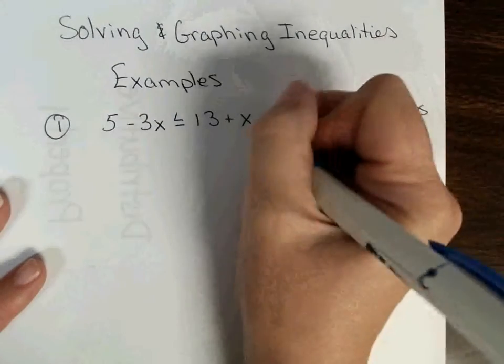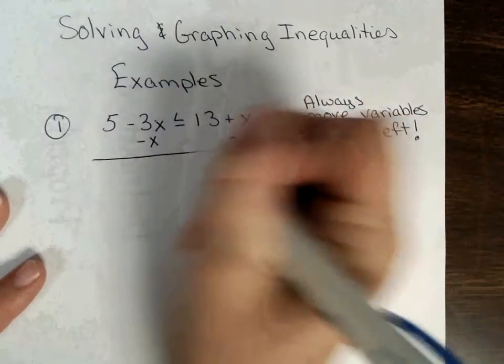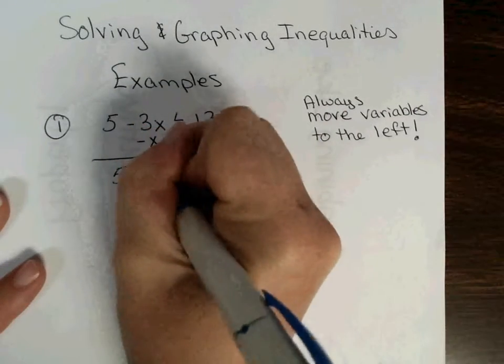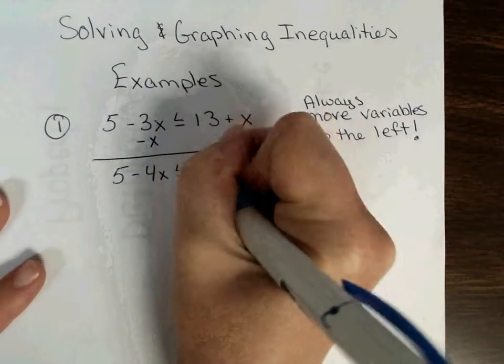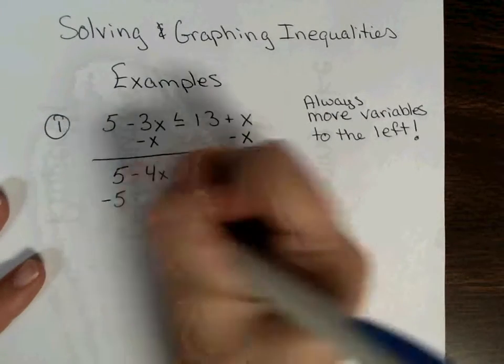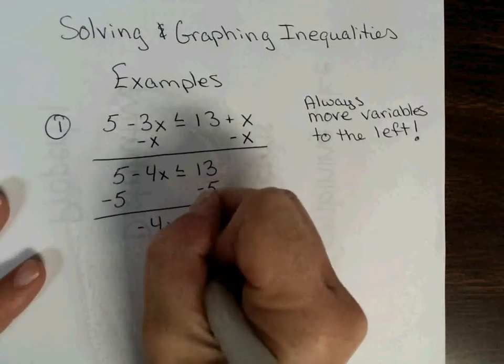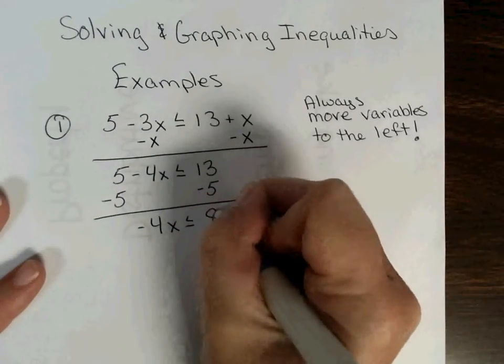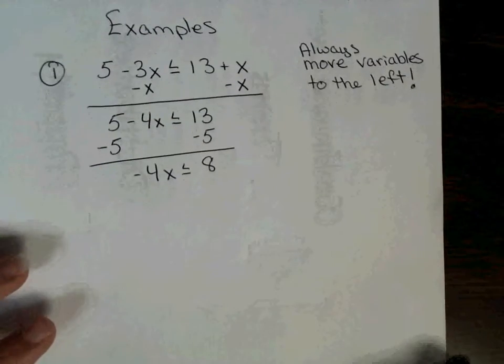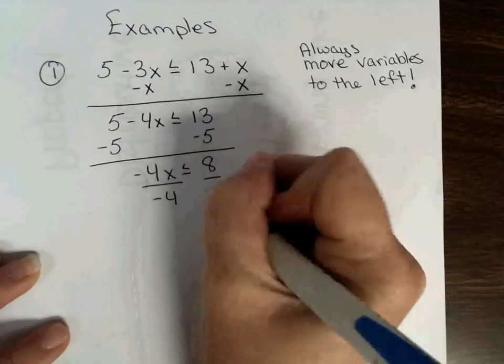And so I'm going to subtract x, now I'm going to subtract 5, and then divide by negative 4.